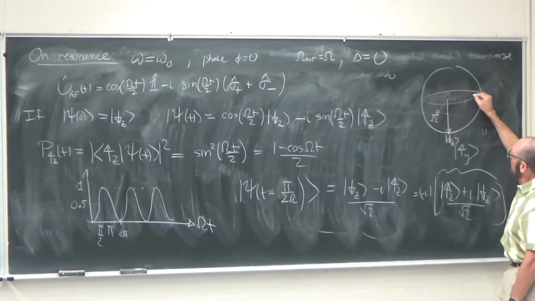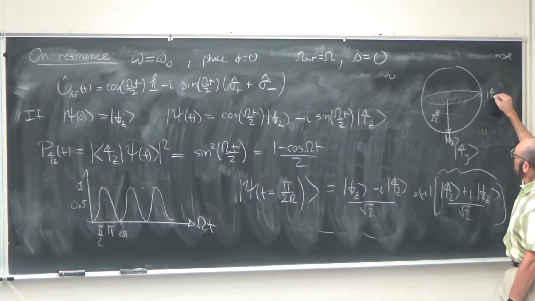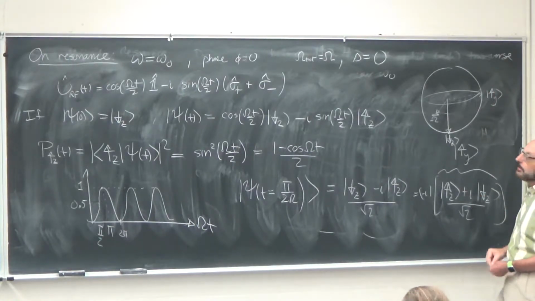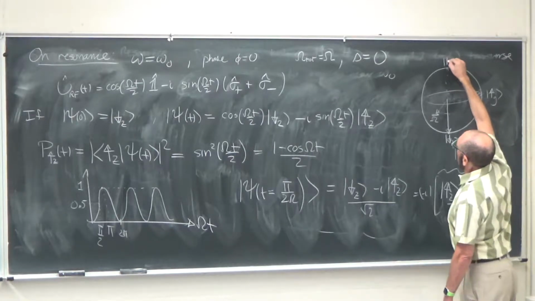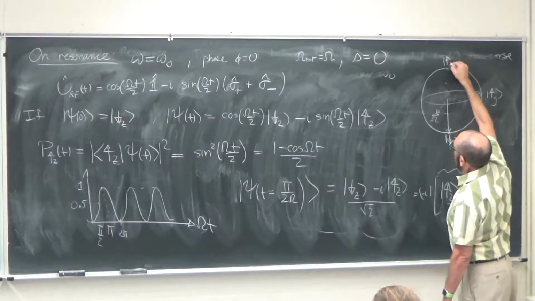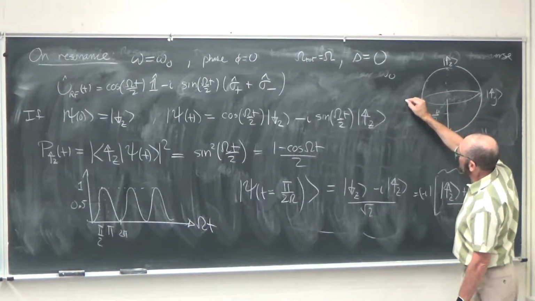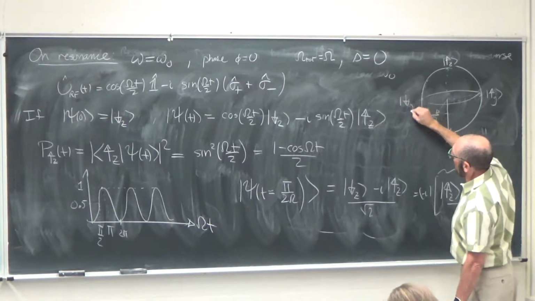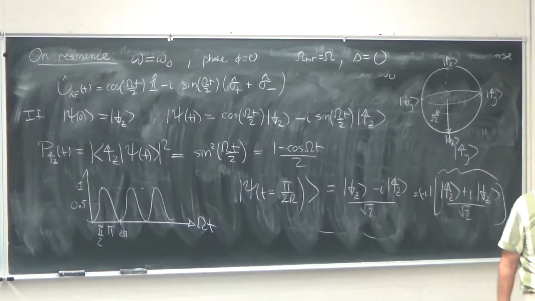At a quarter of a period, it's up along y. At half a period, or pi, it's up along z. At 3/4 of a period, or 3 pi over 2, it's down along y. And then 2 pi later, it's back down.